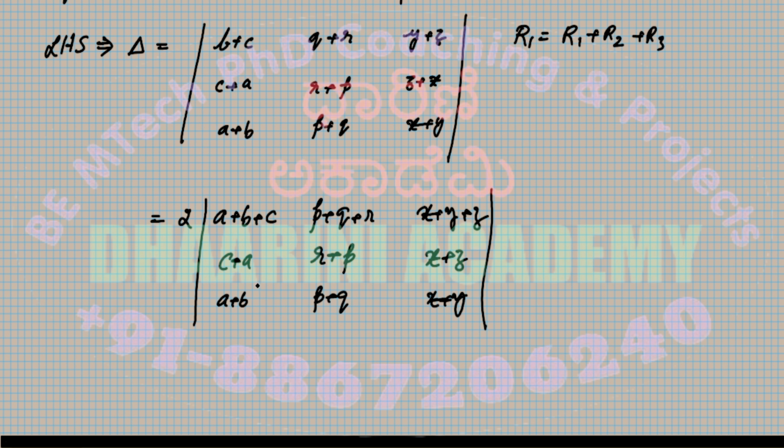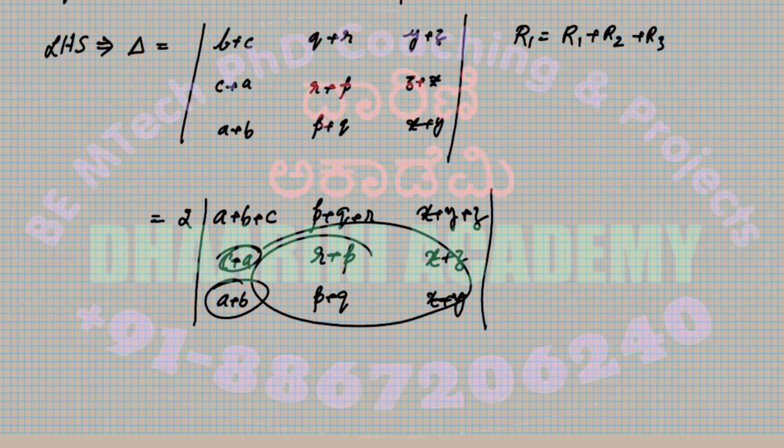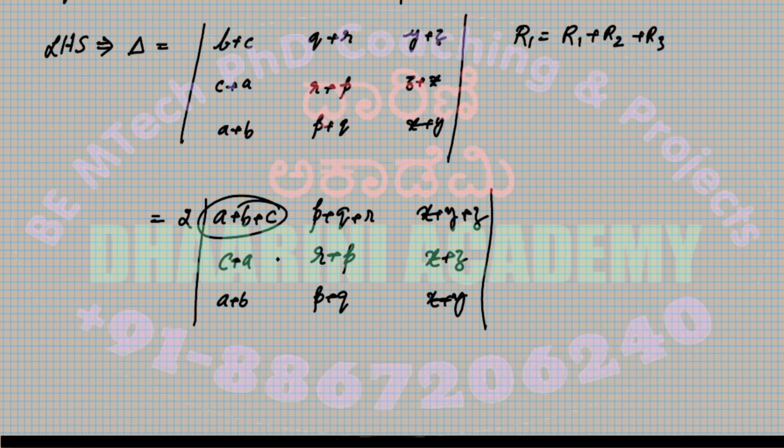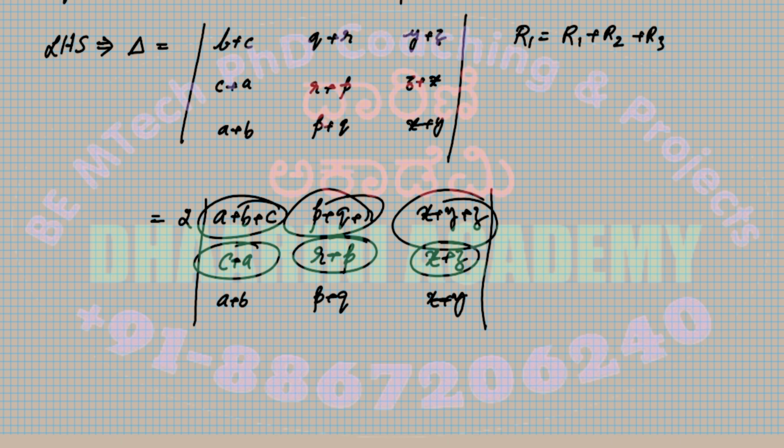Now, how to eliminate the terms? I have two terms here. Everywhere I have two terms in every element. I need to bring it into one sum. So what I try to do now, I can see that A and C are common here. AC, there is AC. PR, XZ there. One extra term is there. So if I try to subtract something, I may be left with only one term.